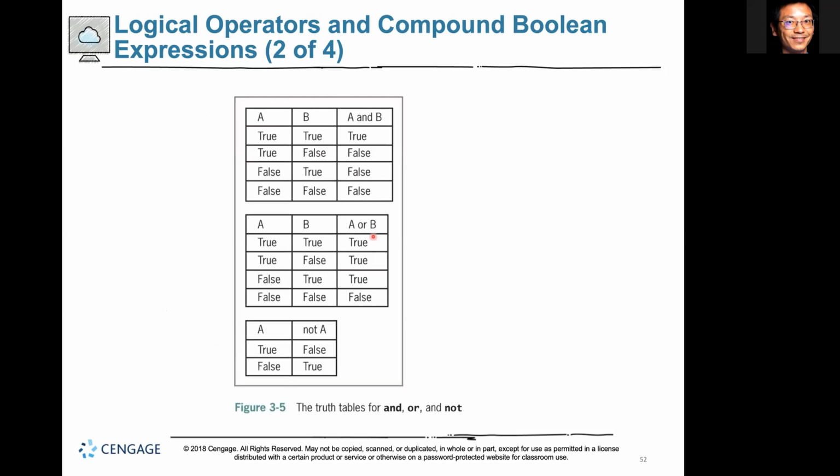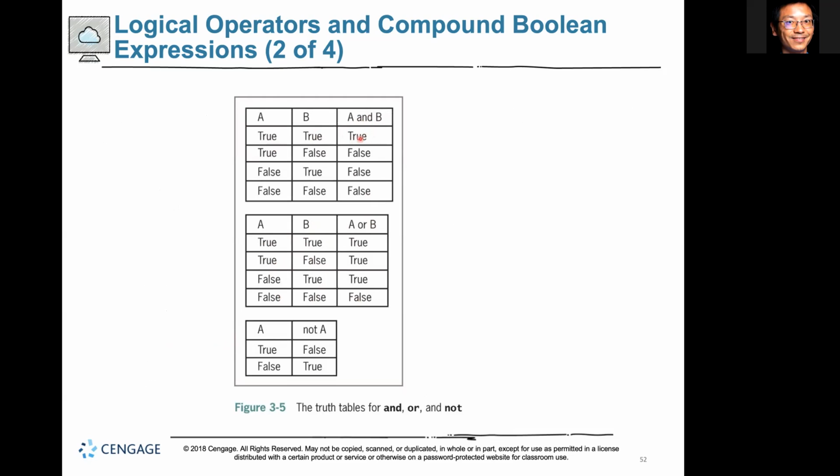So what does the or logical operator mean? Basically, if either one of them is true: true or true is true, true or false is true, false or true is true. If both are false, then it's false. So this is the or operator. And if you have the and operator, logical and basically means it's only true if both are true. Otherwise, it's false.